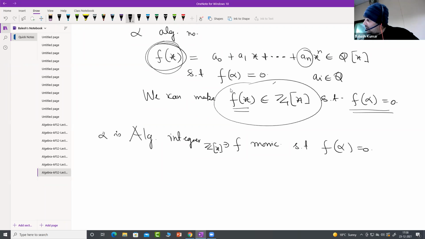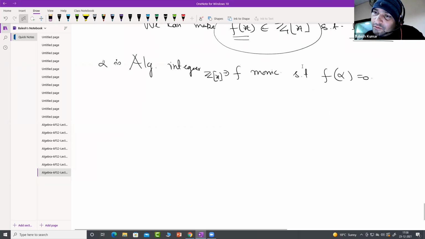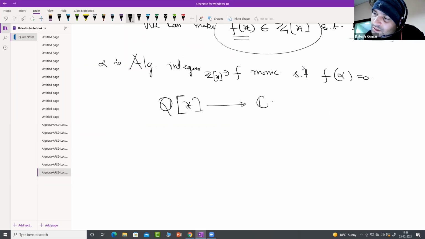And now let us try to see certain algebra behind these numbers and what is going on. So we have a natural homomorphism, which we call the substitution homomorphism, from Q of x to C. What one can do is just send x to alpha, where alpha, of course, I am taking to be an algebraic number here.